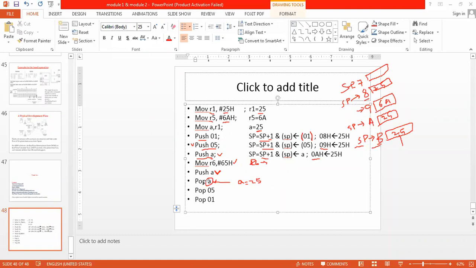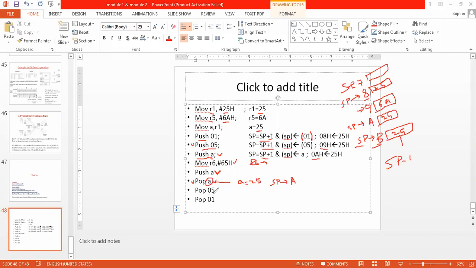Whenever pop happens, SP will be SP minus 1, decremented by 1. So what is the new value of SP? 0B minus 1 is 0AH.